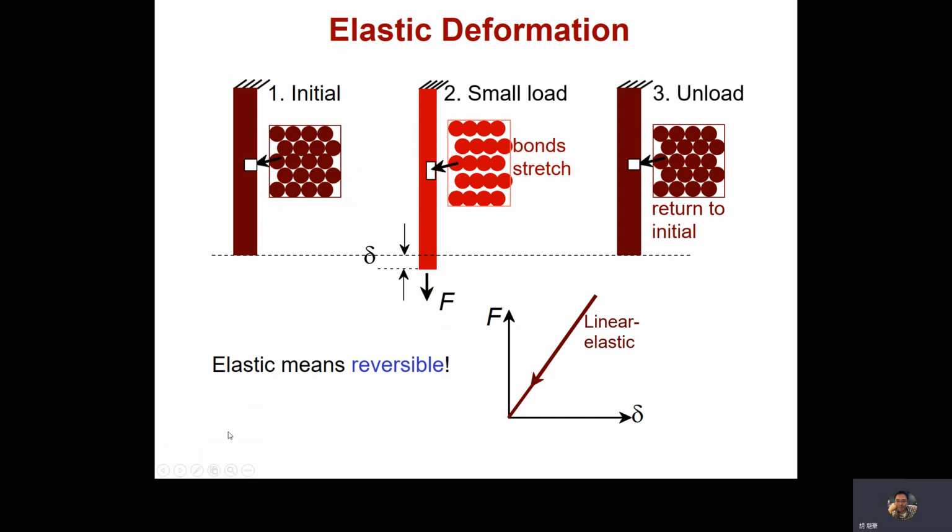When we apply the force, the length is elongated; when we release the force, the length change returns. The slope between the force and the length change is a constant, and therefore elastic means reversible. This behavior is defined as elastic deformation. That means when the external force is released, the length change returns to its original, initial case.